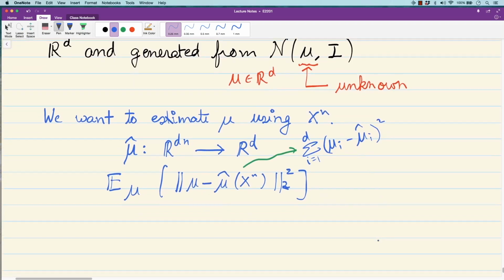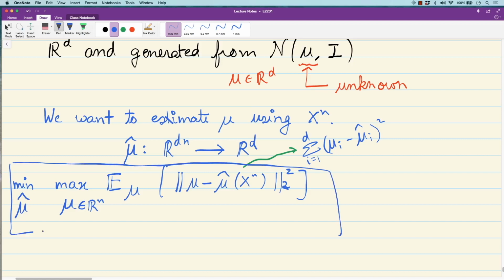Now, this mu can be anything. So the error that you would look for is the max over all possible mu. Mu can be anything in R^d. And you want the best possible estimator, so min over all your estimators mu hat. You want to understand what this quantity is. This is called estimation under the min-max error criterion. So it's minimum over your procedure, maximum over all possible values of the unknown parameter.